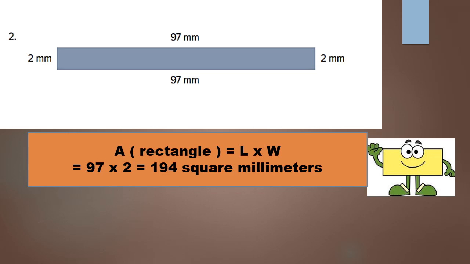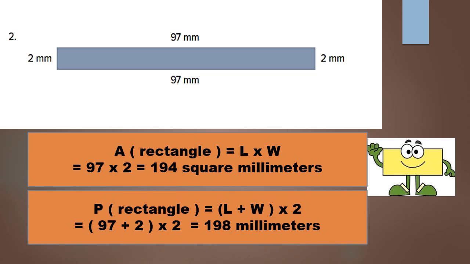You can get the answer by making a draft. Perimeter of rectangle equals length plus width all times 2. So 97 plus 2 all times 2. 97 plus 2 equals 99. 99 times 2 equals 198 millimeters.